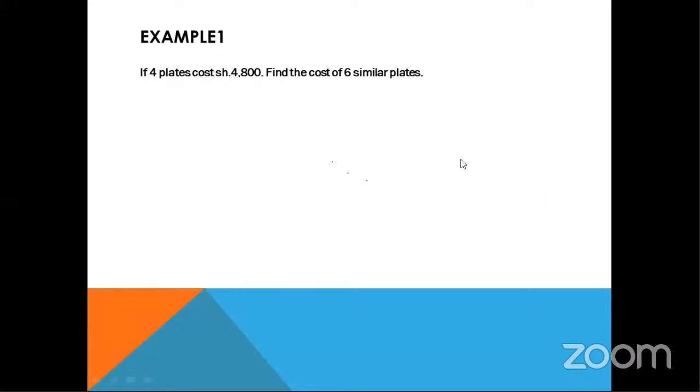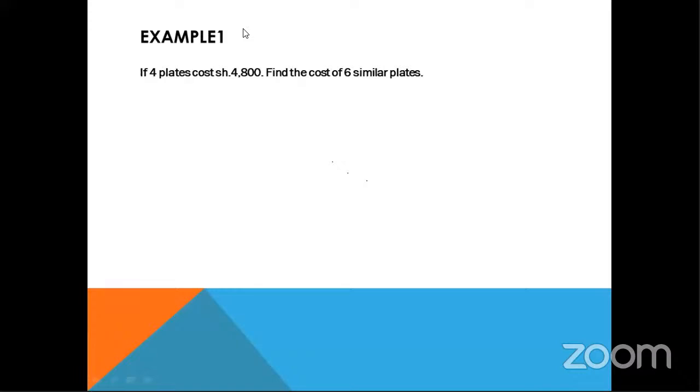Yes. Now, you said we are going to divide 4,800 by 6. No. 6 is our variable quantity that they have asked. 6 is the quantity that they have asked us to find. So what we are going to do first, members, let me try to decorate for you.